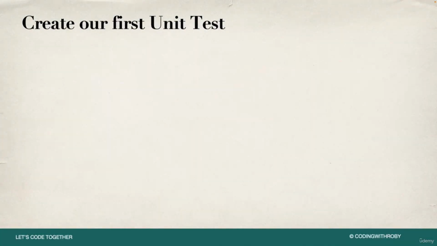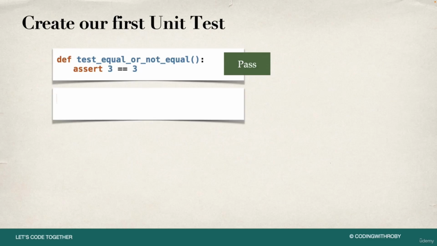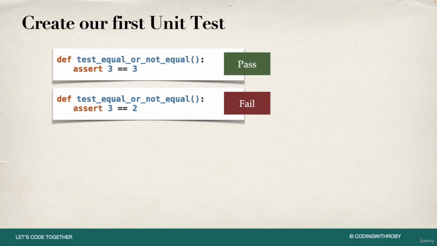So to quickly look at a couple of different testing functions to see how they operate, we can say def test_equal_or_not_equal, assert 3 == 3. That is a pass. But if we said assert 3 == 2, well, that fails because 3 is not equal to 2.